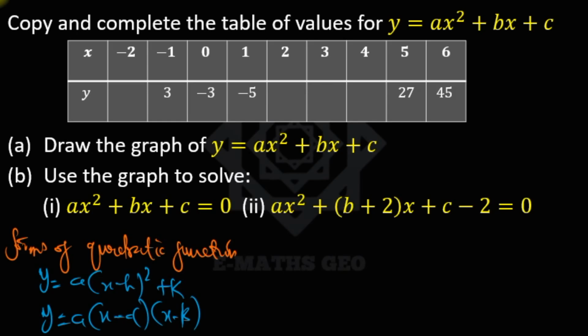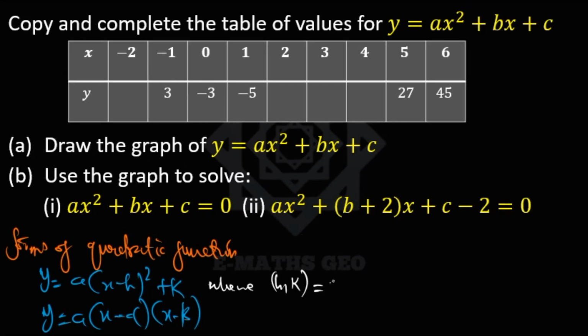In the first one, (h, k) is the vertex, and alpha and beta are the x-intercepts.